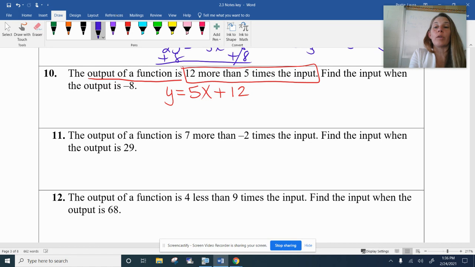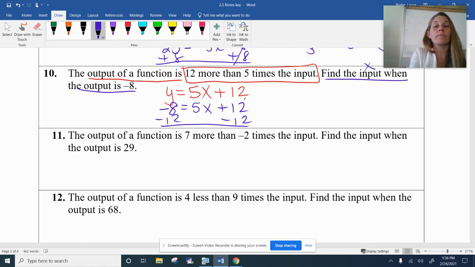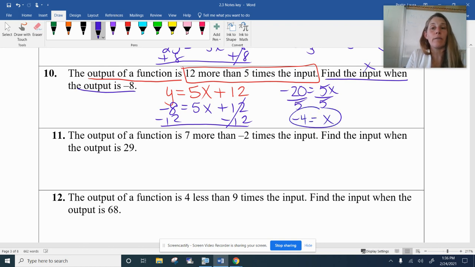So now the second part of the problem, find the input or the x when the output is negative 8, which means the negative 8 is going in for the y, and then we're going to solve for that x by subtracting the 12. We have negative 20 equals 5x, and then we're dividing by 5 on both sides. X equals negative 4.